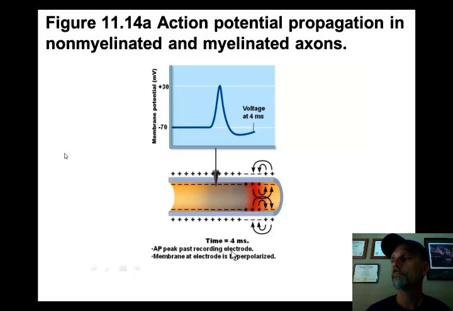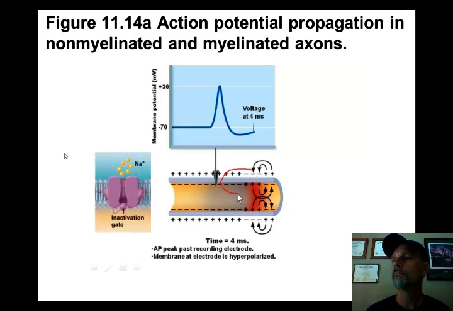At approximately 4 milliseconds, an action potential has passed through the segment monitored by the voltmeter, and sodium has begun to diffuse into the cell through open voltage-gated channels in the next adjacent segment due to local current flow, repeating the cycle. As local currents flow down the axon, the action potential continues to move forward away from the axon hillock, since the voltage-gated sodium channels are inactivated in the previous segment.